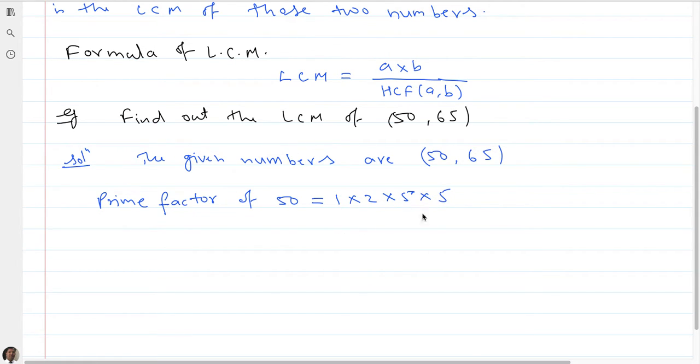If we multiply these numbers, we get 50.